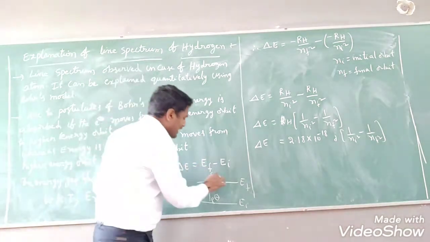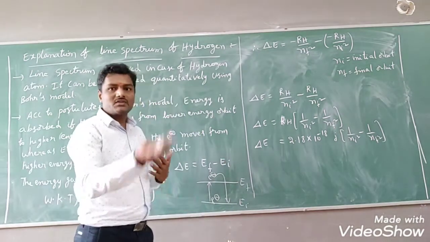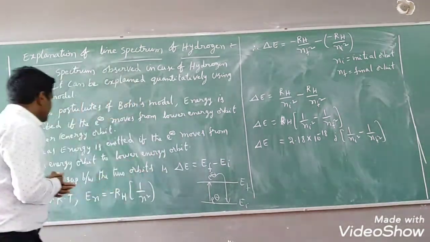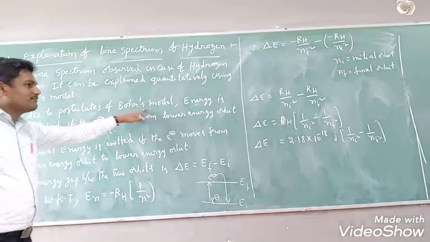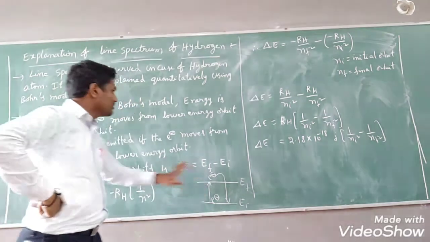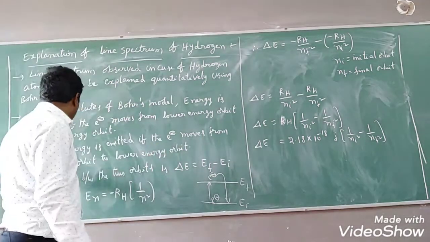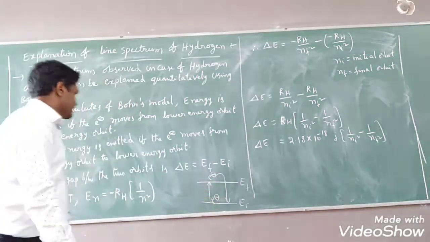Whenever the electron comes back to its original state, the energy is emitted. That only we are going to discuss. Energy is emitted if the electron moves from a higher energy orbit to a lower energy orbit, students.